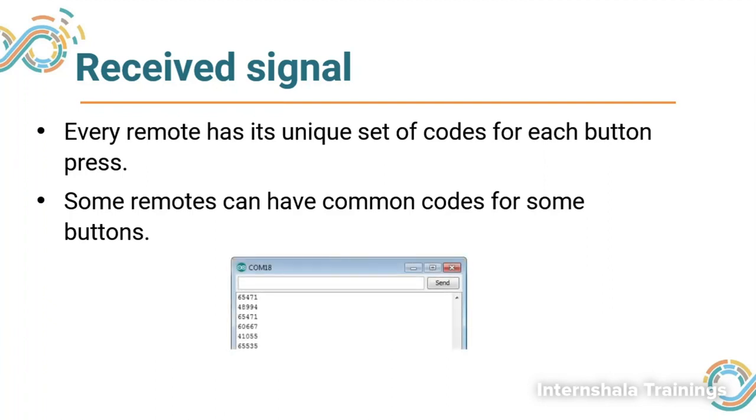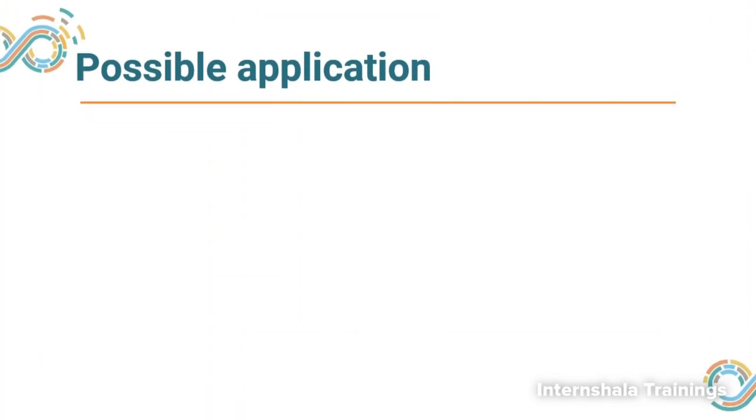When you connect the receiver on the serial port and press the buttons, you can read the values coming on the serial port, and this is how you decide that the first one is when I pressed 1, the second is when I pressed 2, and the third is when I again pressed 1. Once you read these codes from the serial port, you can use conditional statements to design your application. So what can be the possible applications?